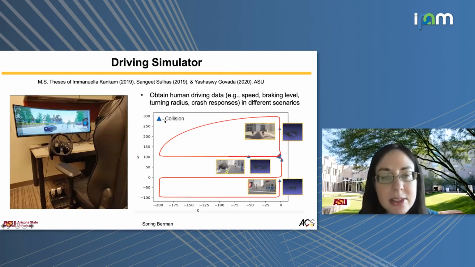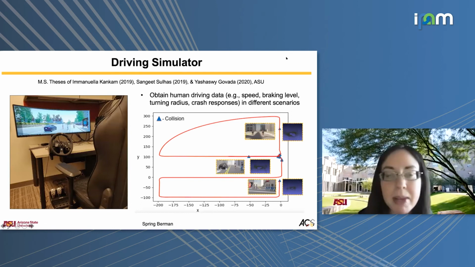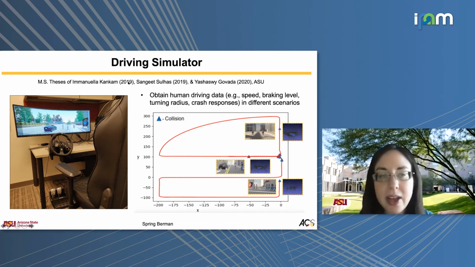So I'm going to discuss these platforms that we've been developing. And so this work, a lot of this was done by master's students in my group over the past couple of years. So on the left, you can see this driving simulator station with this curved monitor. And so we use the simulator platform CARLA, Car Learning to Act.